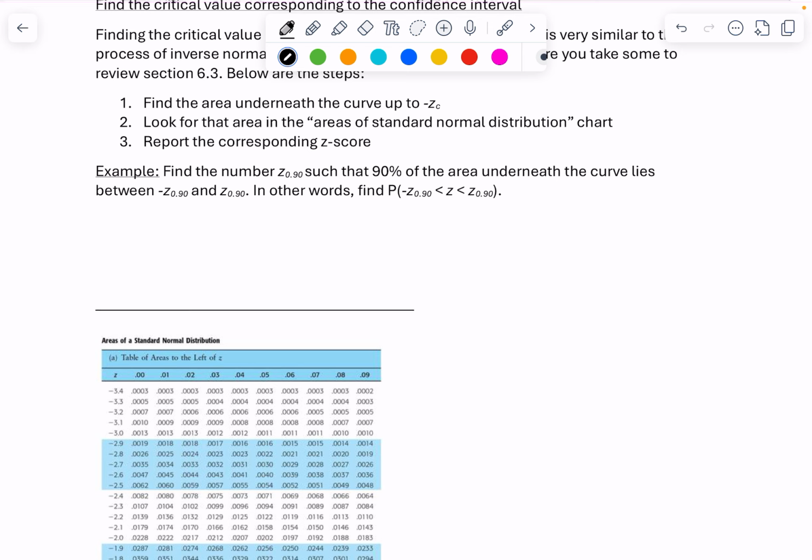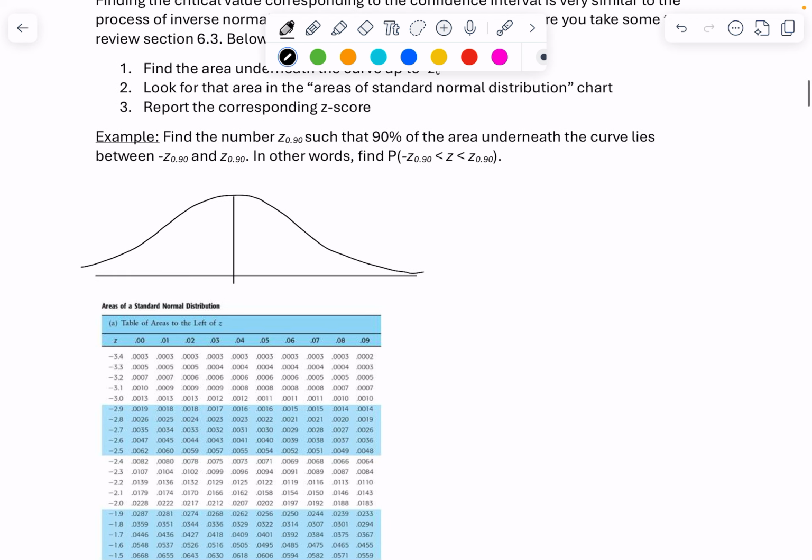Okay, there's my horizontal axis. I'm going to draw out my tails here. That little side looks a little rough, but you get the point. And just for completeness, I'm going to draw the mean, which we know is 0 because we're working with a standardized curve.